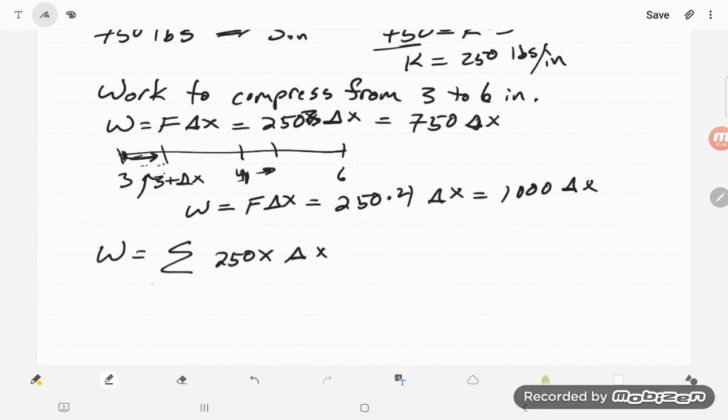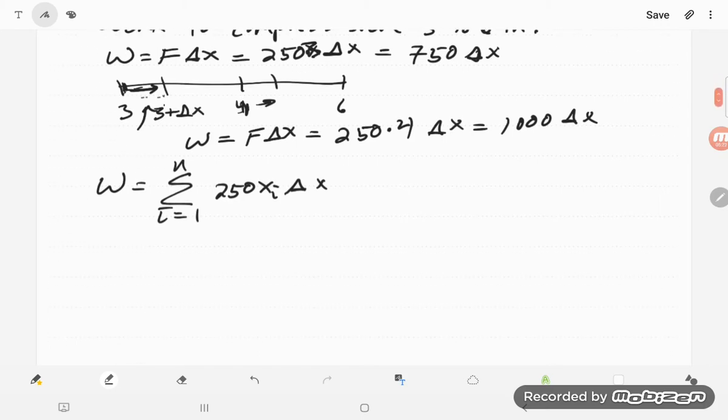I could call that xi, and so i equals 1 to n, and I want to let that n go to infinity, delta x go to 0. And so that's the integral from 3 to 6, because that's where I'm moving from, of 250x dx. Well, this is simple enough to do.